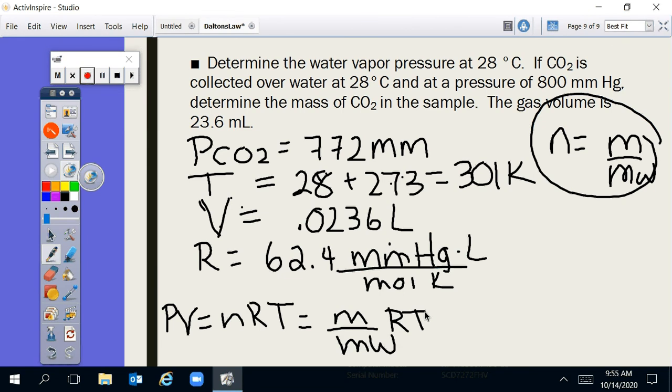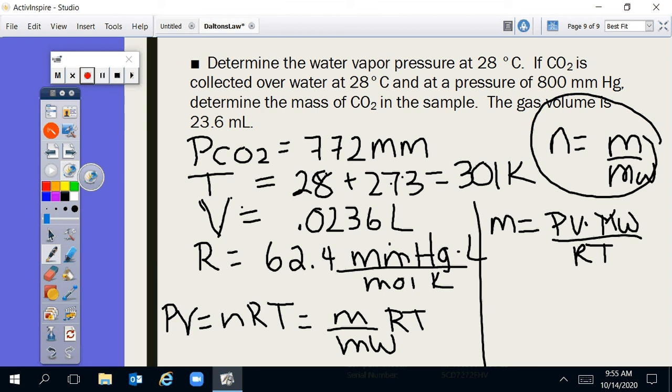And then I can rearrange this equation to give me mass equals PV times molecular weight over RT. And now I can plug everything in.